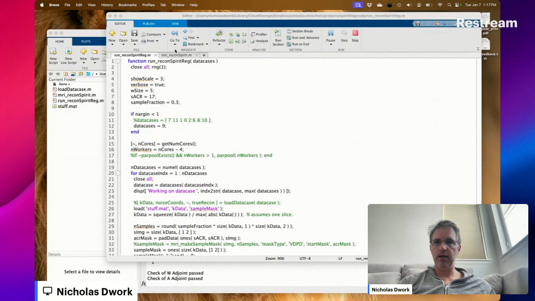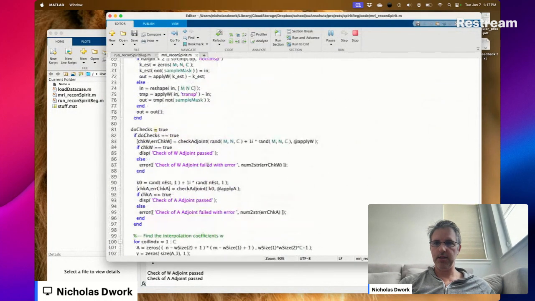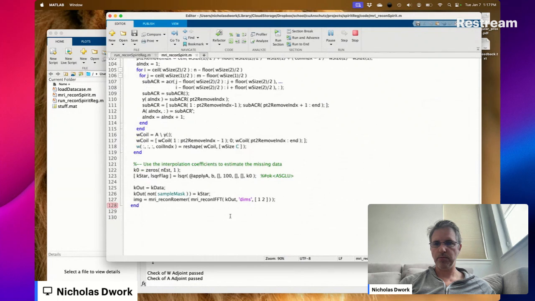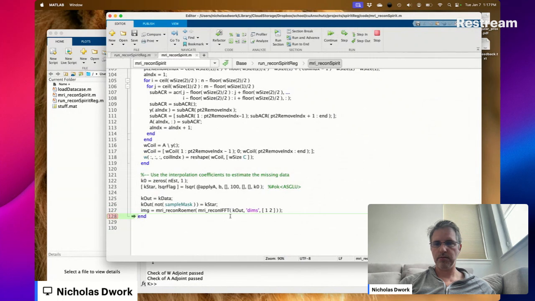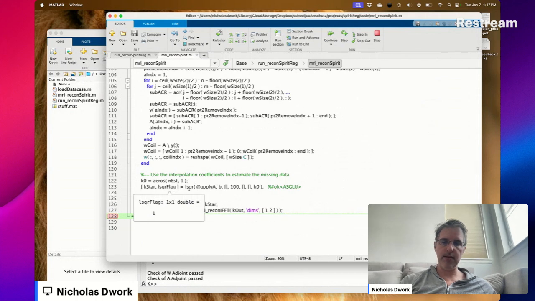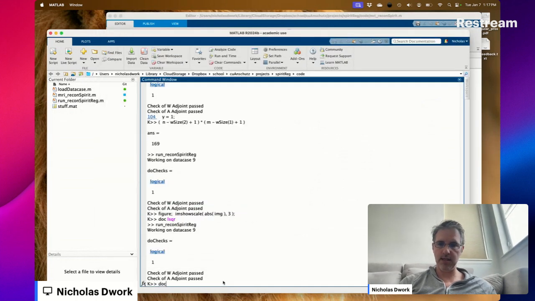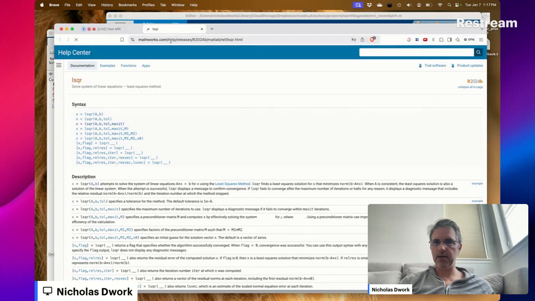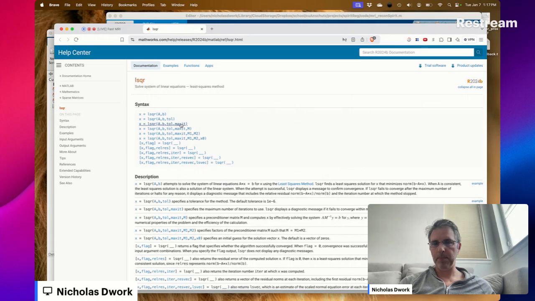I'm going to get rid of these checks on the adjoint just so that we don't keep having to wait for it. It's taking a lot longer. And now there's a flag. That's interesting. So it looks like LSQR is not completing.